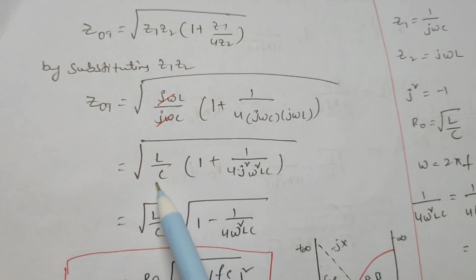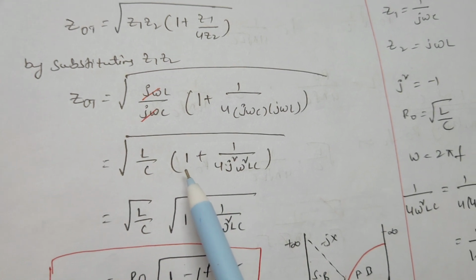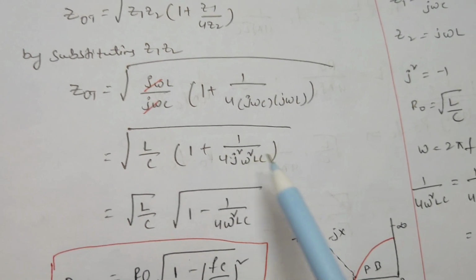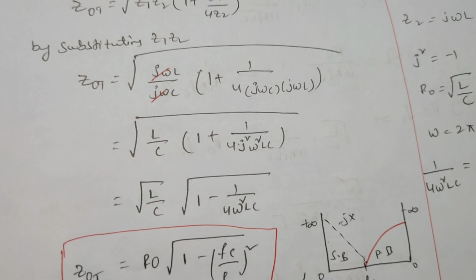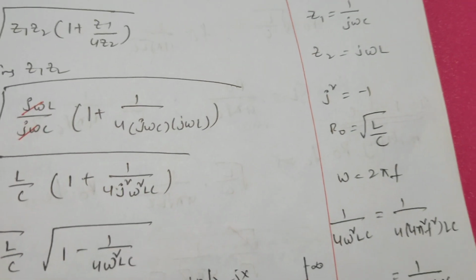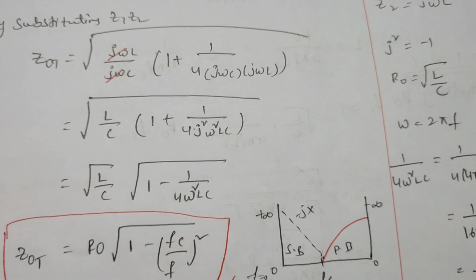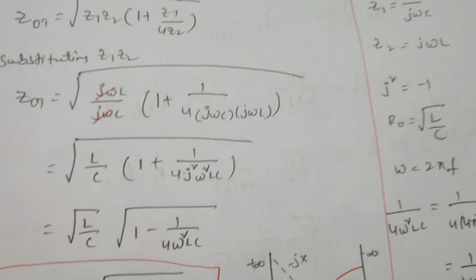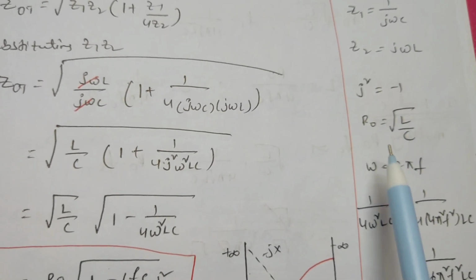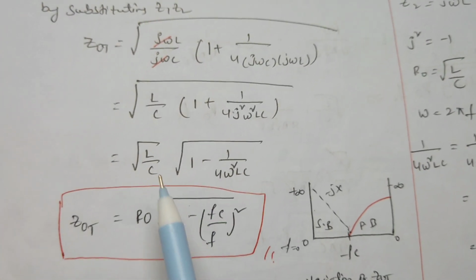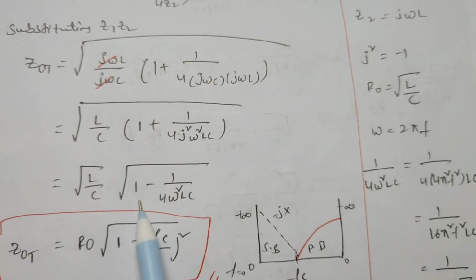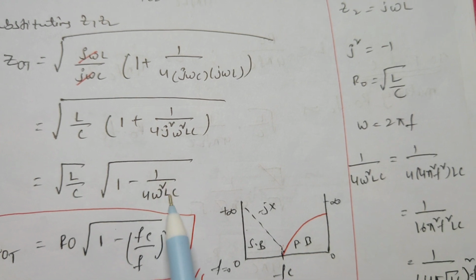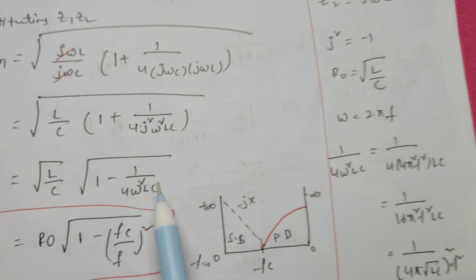I am separating this value, and this is under root of 1 by 4 j square omega square LC. Substitute j square as minus 1 value, and we know this root L by C is a constant term. I am equating that term to another term R0. Therefore I am writing this value as R0 into 1 by 1 minus of 1 by 4 omega square LC value.